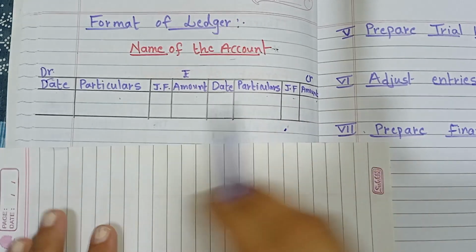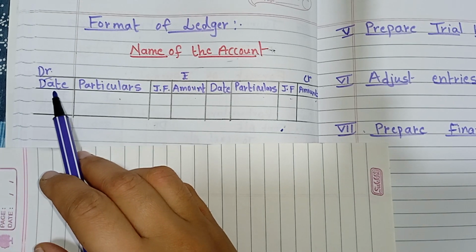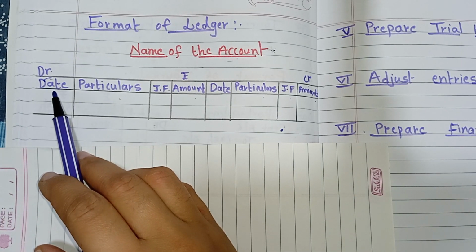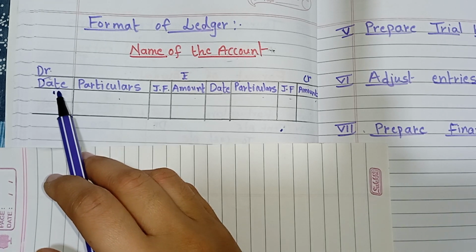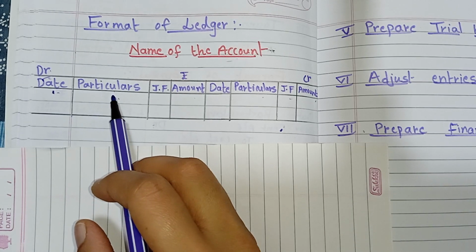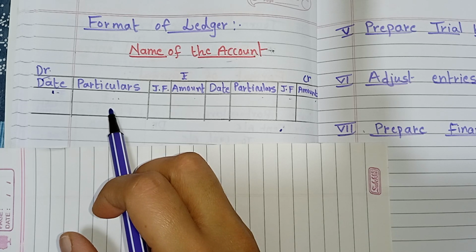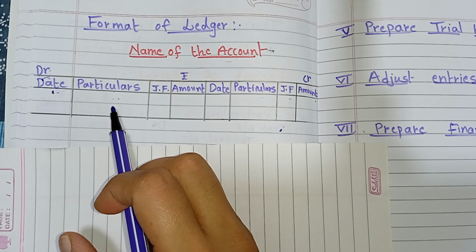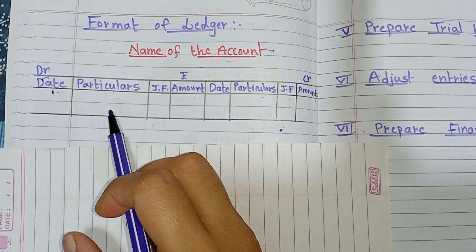Fine. And now we will move to the next, that is date. Year, month and date of transactions are posted in chronological order in this column. And after that, particulars will come. Here we have to name the item with reference to the original book of entry.